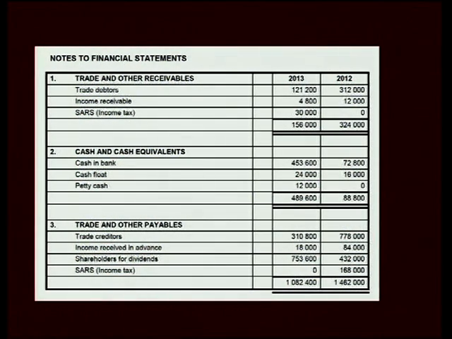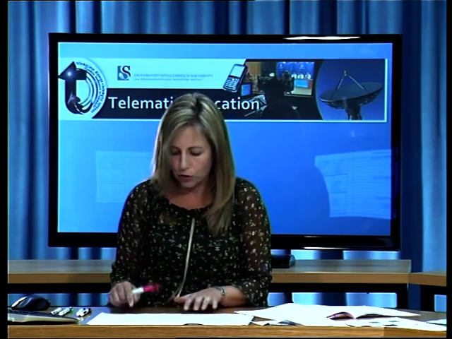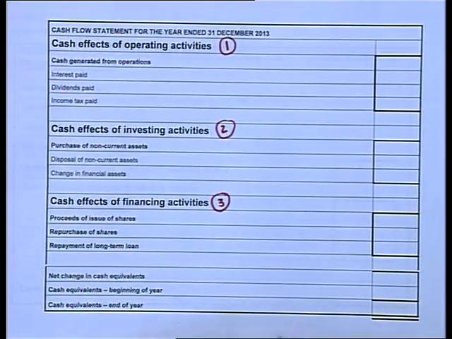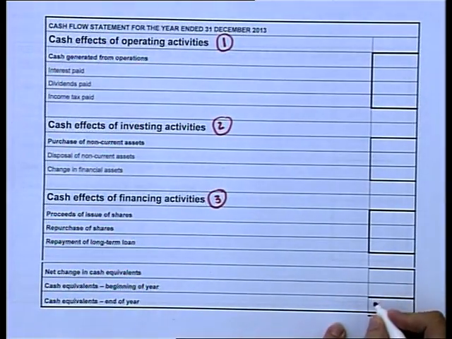So at the end of the financial year, I had 88,800. And grade 12, we're going to start the statement right from the bottom, because this is what we're trying to explain in the cash flow statement. So I want you to start right at the bottom and say the cash and cash equivalents at the end of the year is 88,800.